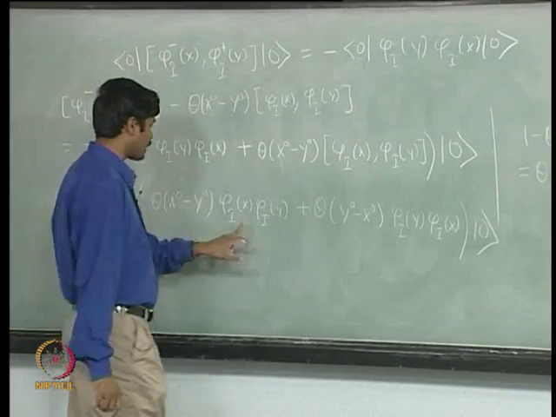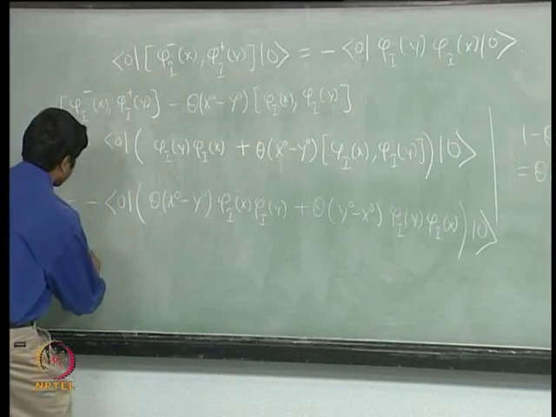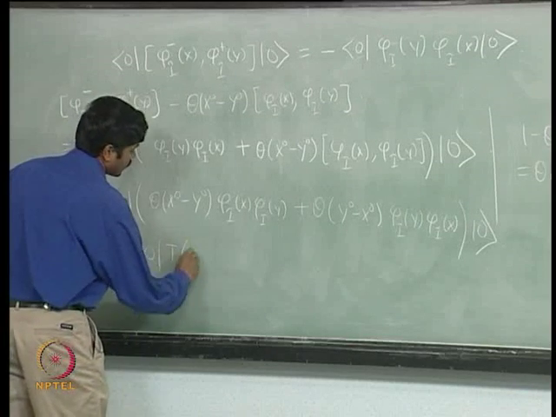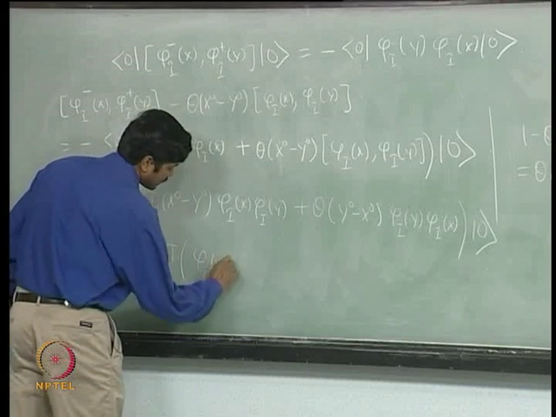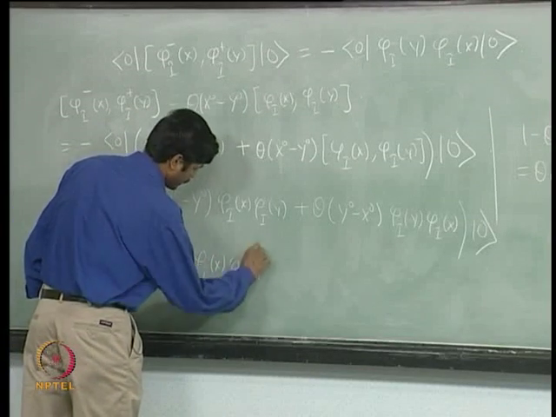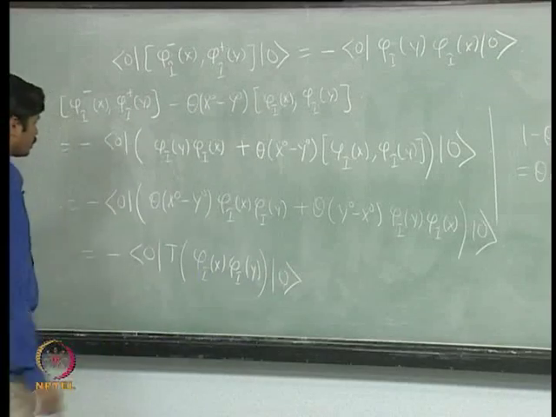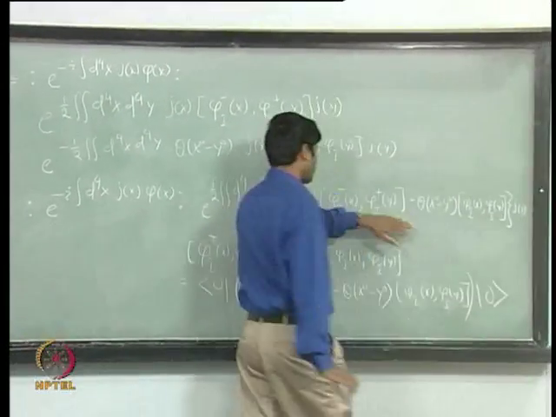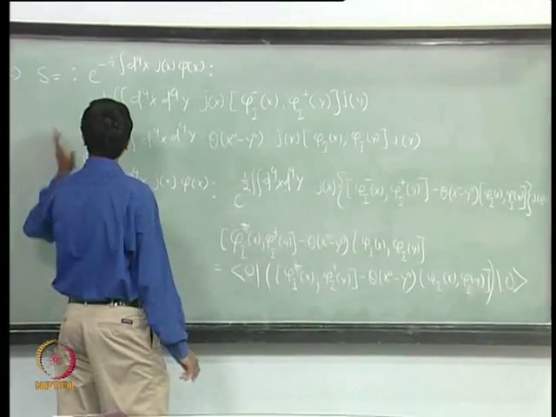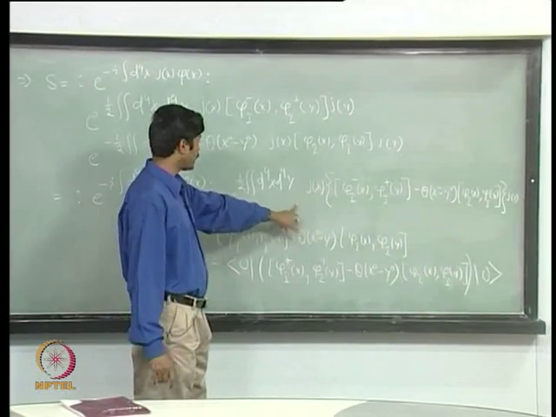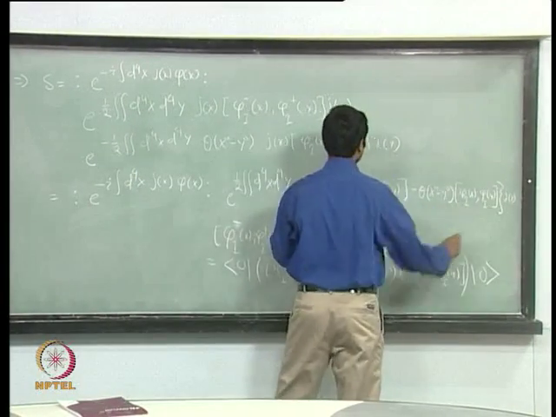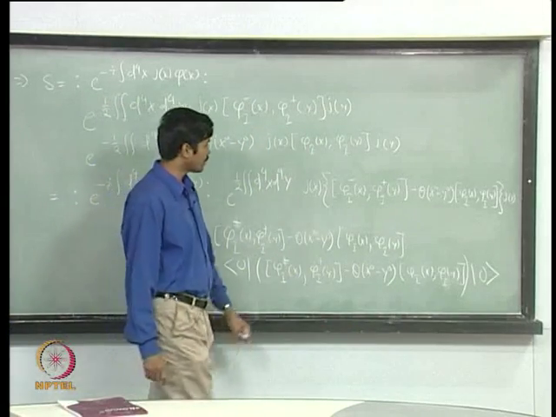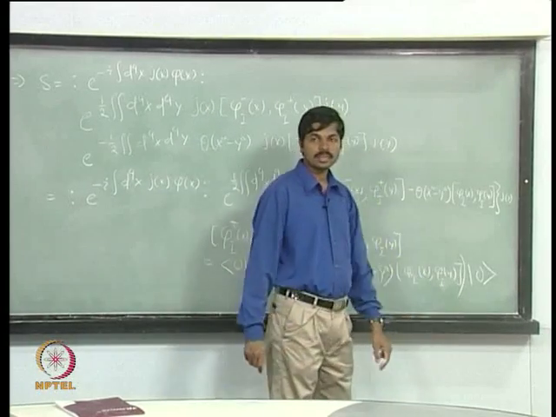This is the time ordered product of phi I x and phi I y. So, this quantity here is minus vacuum expectation value of time ordered product of phi I x phi I y. So, what I did is I considered this exponent here in the second term for the expression for S matrix, and I have shown that this term here inside the curly bracket is nothing but the vacuum expectation value of time order product of phi I x and phi I y.